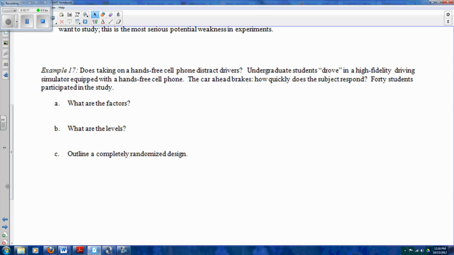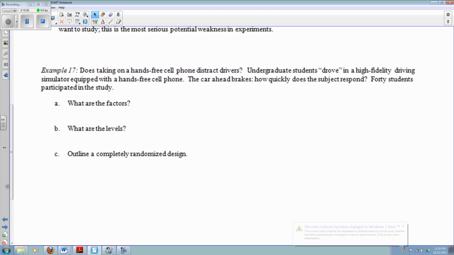So these are studies that have actually happened, and I know I've seen videos of Oprah doing something on this when it was coming out, that talking on your cell phone was really distracting. And so here they're asking, is it still distracting to talk on a hands-free cell phone?